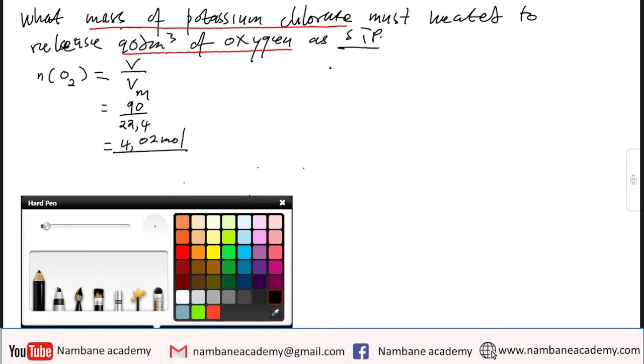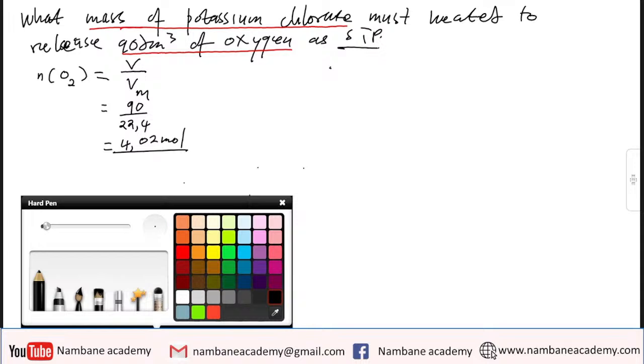The emphasis is on me working with the number of moles of oxygen. Try by all means to inform the examiner or the marker what it is that you are calculating for. Hence, I am putting the number of moles of oxygen in brackets, the O. But what does this say to me?